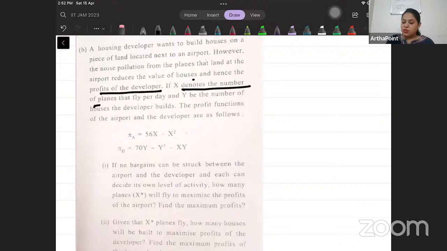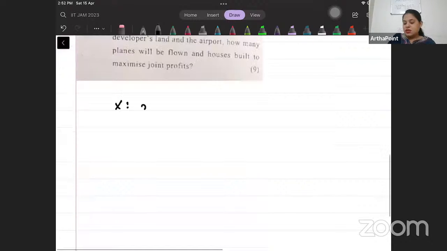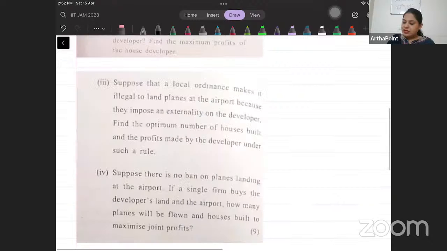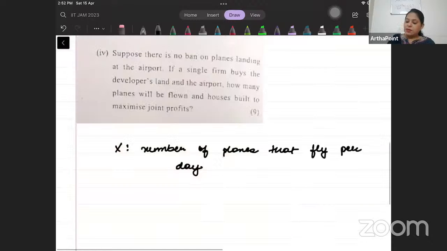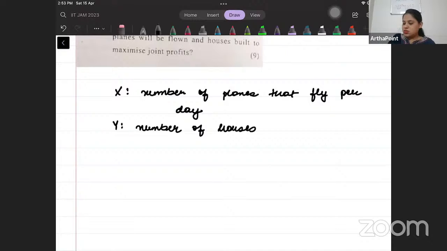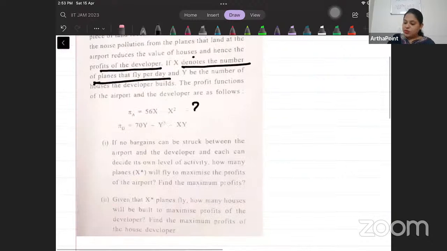If x denotes the number of planes that fly per day, and y is the number of houses the developer builds, and you're given profits.